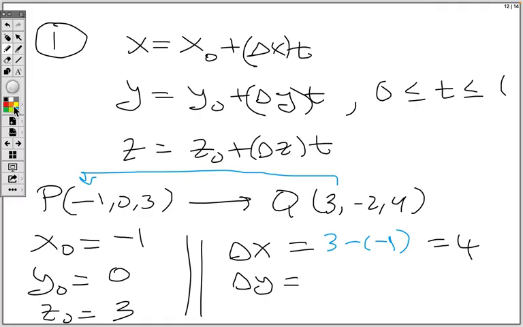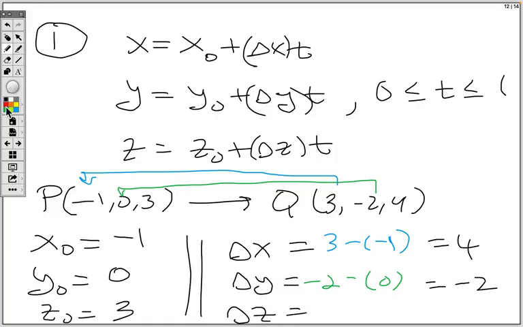Delta y, we're going to end up at negative 2. We started at 0. That's our negative 2. And then our delta z, ending at 4, started at 3. 4 minus 3 is 1.